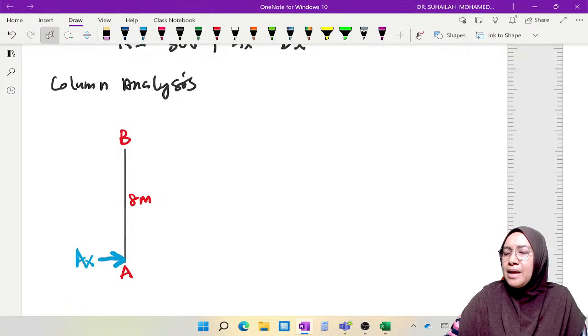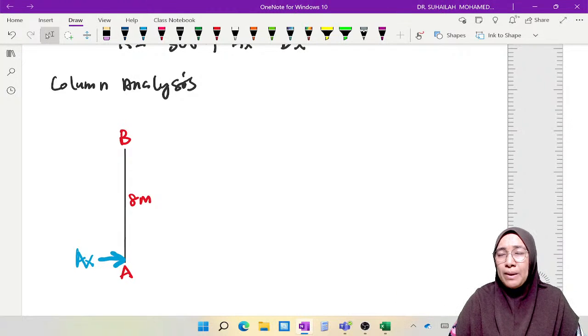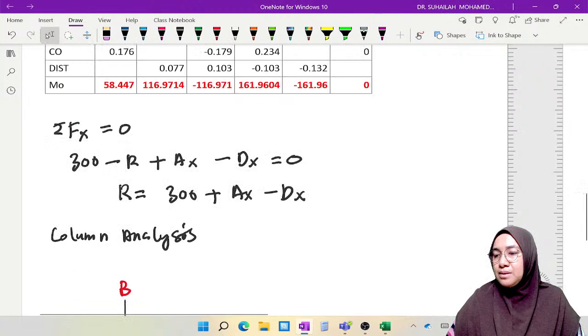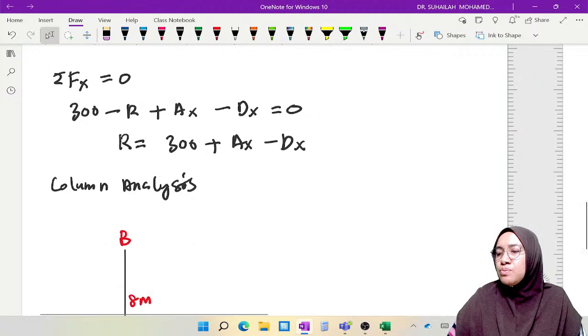At A and at B we have internal moment. Internal moment we get from table. It is 58.447 and 116.97. Ambil 2 decimal places dah lah. 58.45 and 116.97. So both are positive.